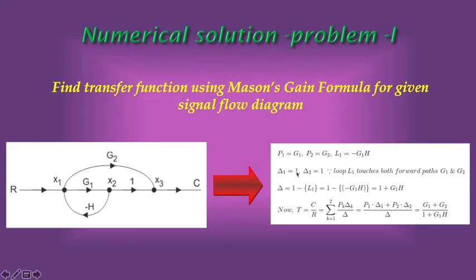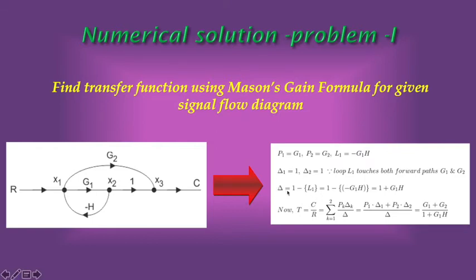So this is 0. So delta 1 equal to 1. So delta 2 equal to 1. Here loop 1 touches the first forward path and second forward path. That's why delta 1 equal to 1 and delta 2 equal to 1.